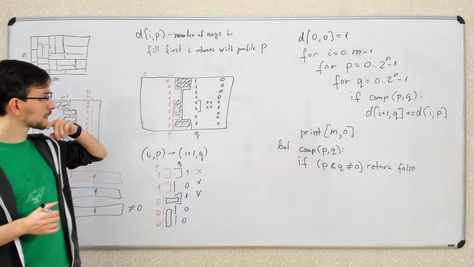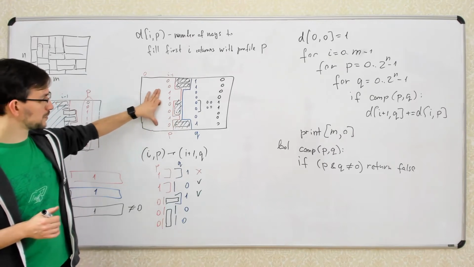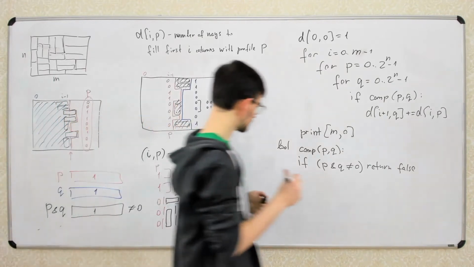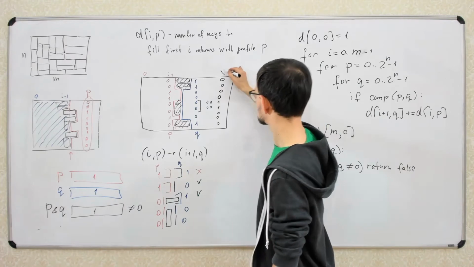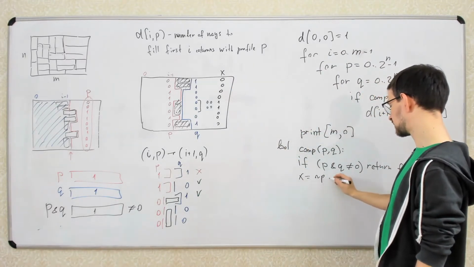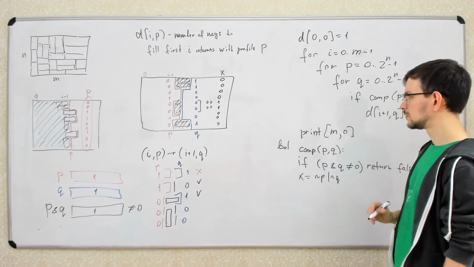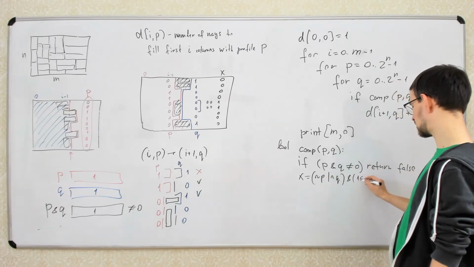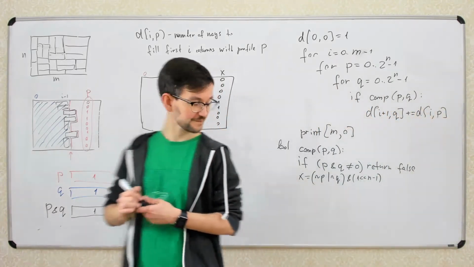It's quite simple. I need to have 0 here and 0 here. So I'll make not P and not Q and then AND these two. Let's name it X. So let's say X equals not P and not Q. It may have some extra bits, so I just AND it with 1 shifted by M minus 1.